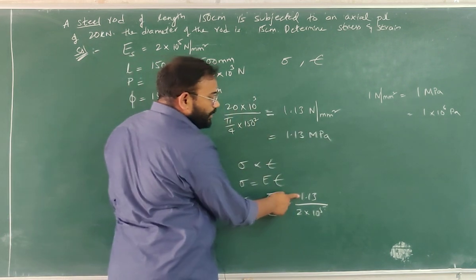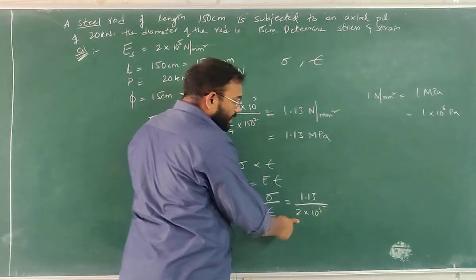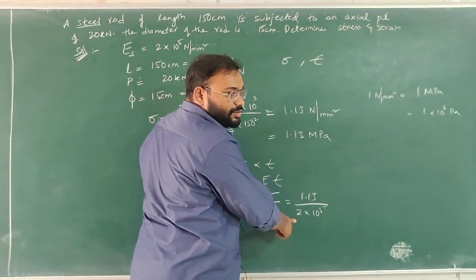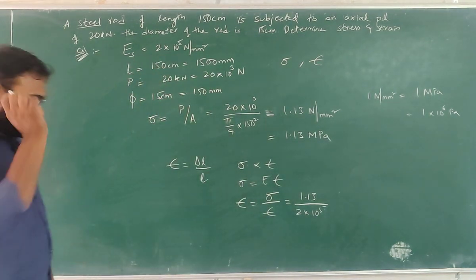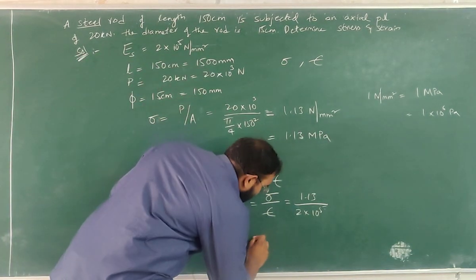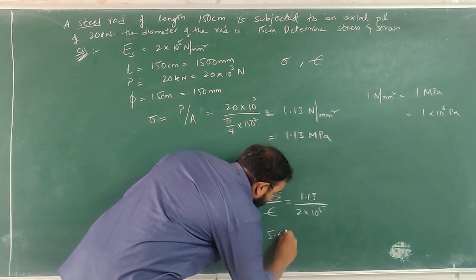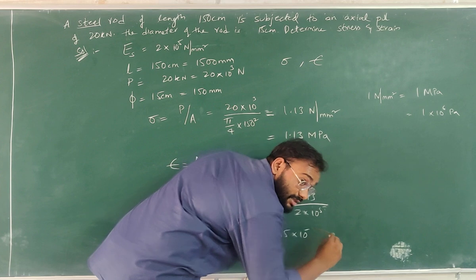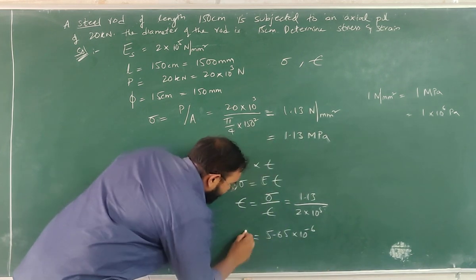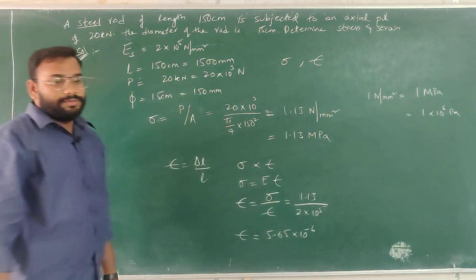See the units, Newton per millimeter square again in both, so no units for strain. It is 5.65 into 10 power minus 6. This is the strain value.